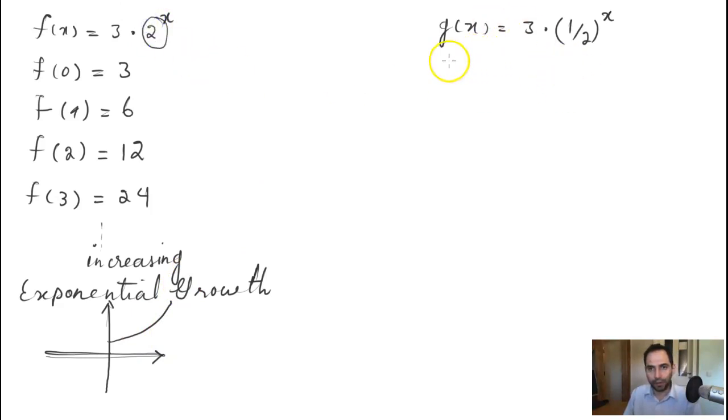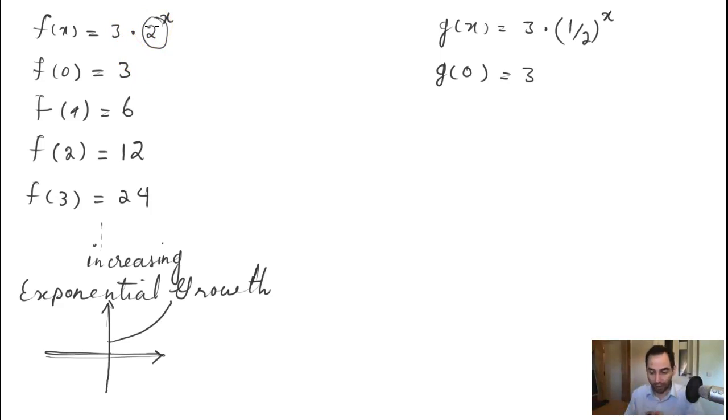But here, if I again start from g of 0, I get one half raised to the power 0, which is equal to 1, so my output is going to be 3. So this function again starts at 3, because of the initial point, what did we call it yesterday?